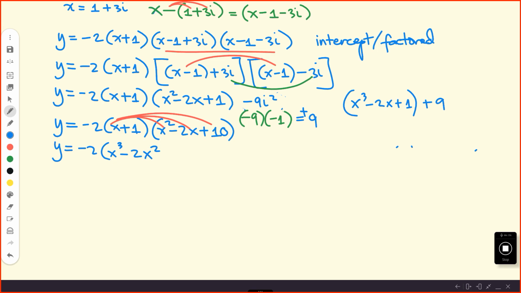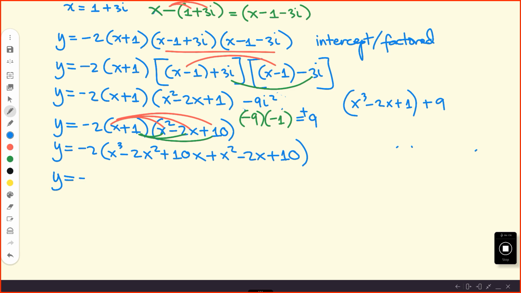X times 10 is 10x. And then we're going to multiply the 1 to all of these, but it's just going to be the same because you multiply that by 1. So 1 times x squared minus 2x plus 10 is going to be x squared minus 2x plus 10. So it's just the same. And then just combine like terms.